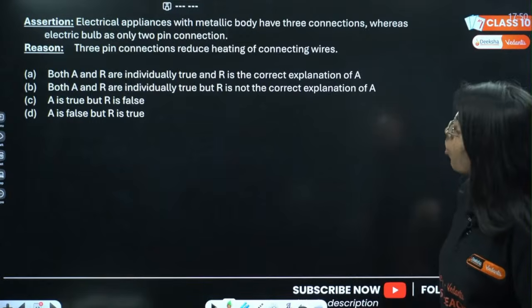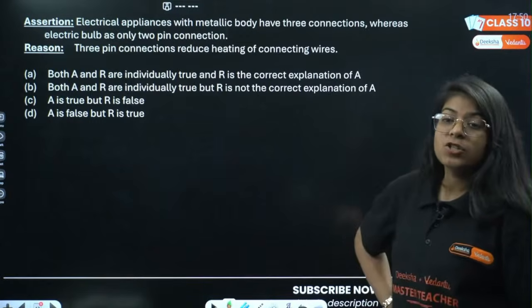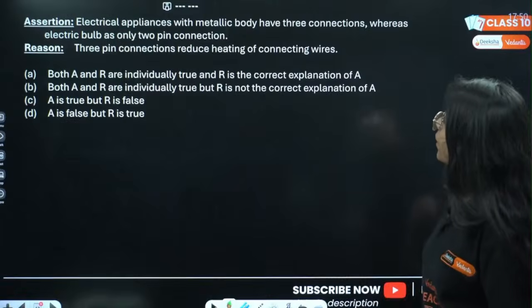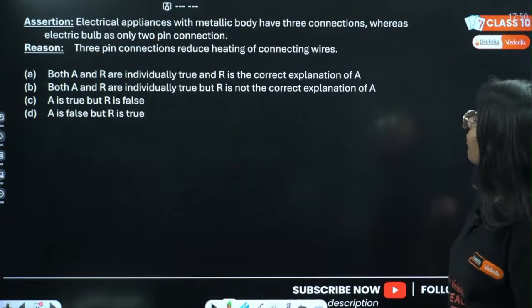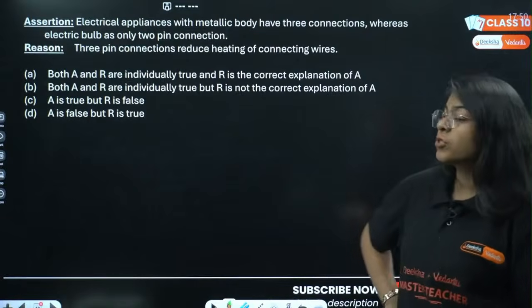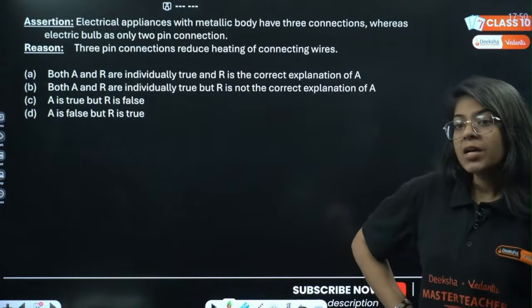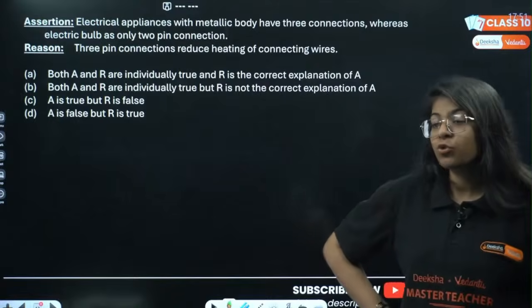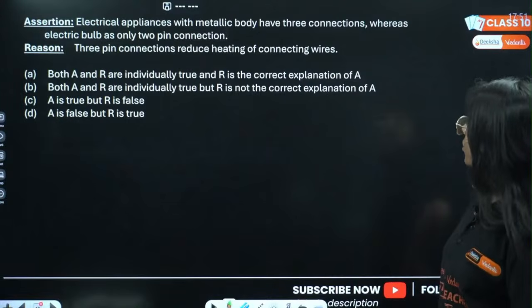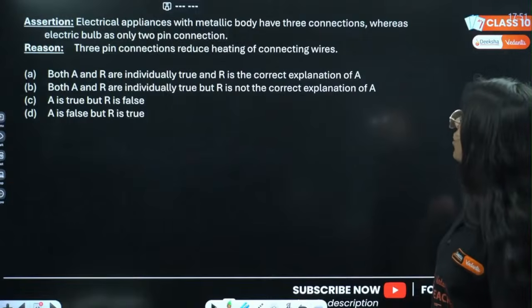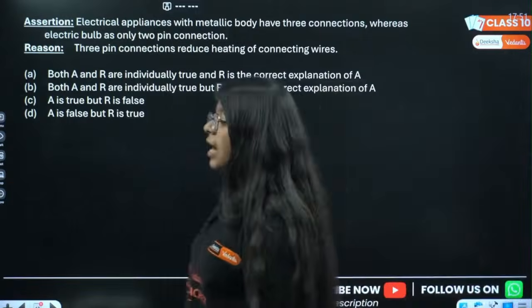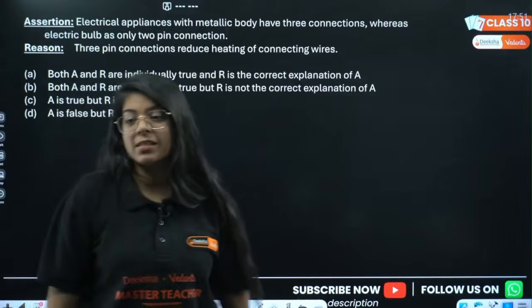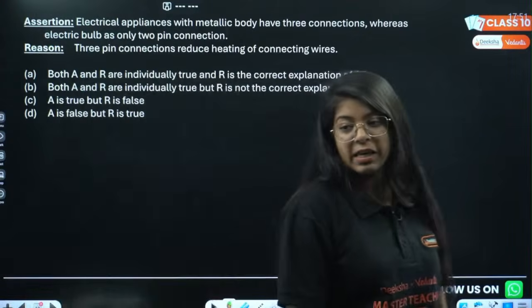Is the assertion true or not, is the reason true or not? Everyone is saying the assertion is true, and the reason is that 3-pin connections reduce heating of connecting wires. So your answer is C. Everyone is answering C.